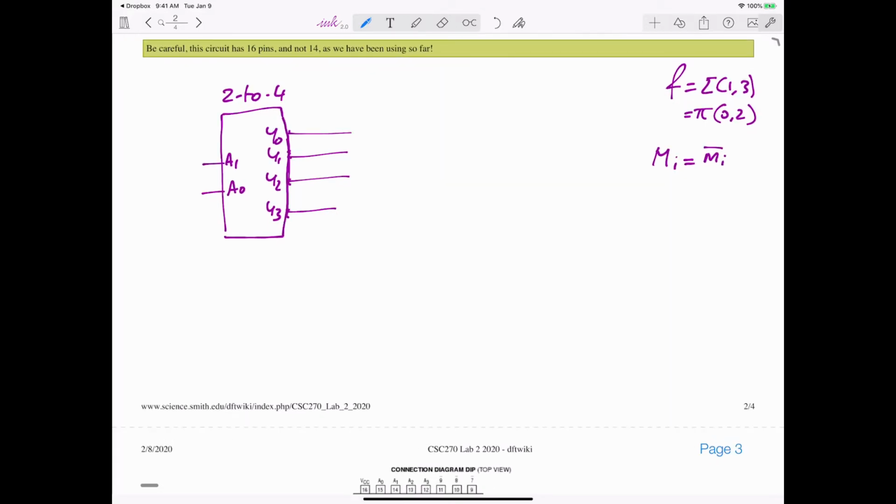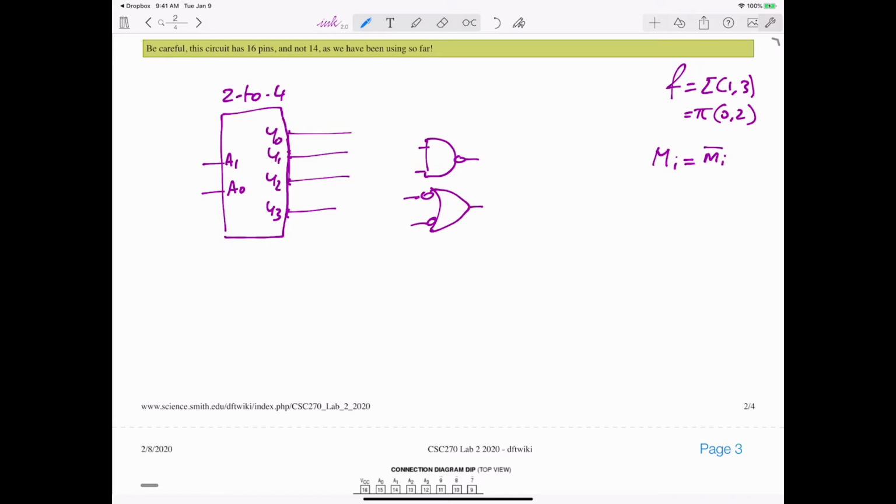And if I have to use a NOR, it would be represented like this. An AND would be represented like this, which is also this. These are two symbols for the same gate, which is an AND.